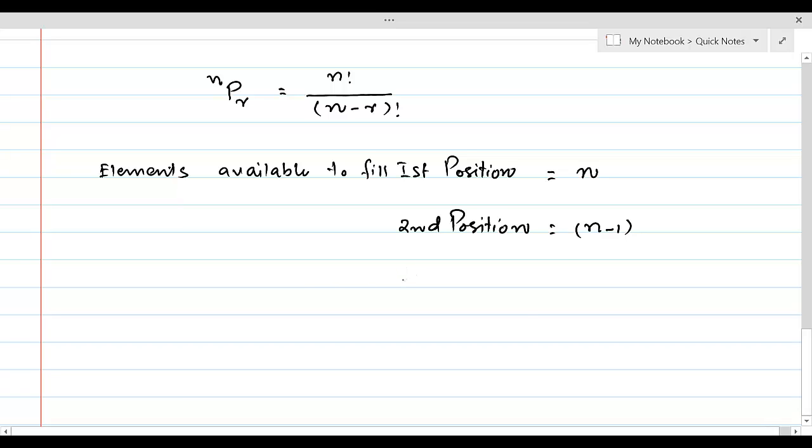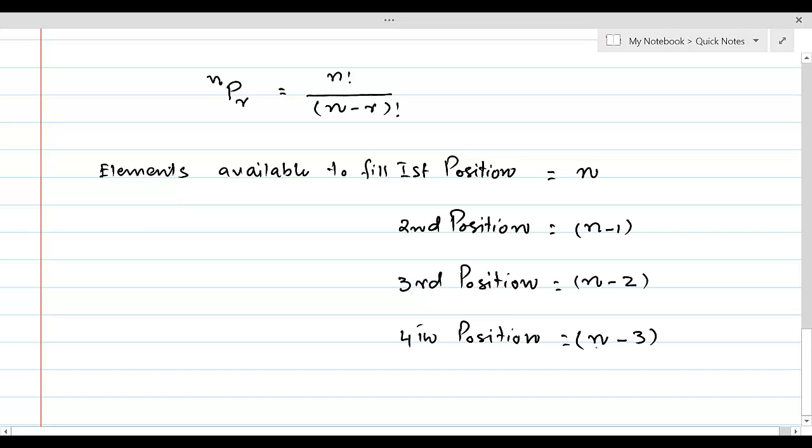If we want to fill up the third position, how many elements do we have? One less than n minus 1, because in the second position another element has been used, so this time there will be n minus 2 elements. And similarly, if we want to fill up the fourth position, how many elements are available? This time there are n minus 3 elements.